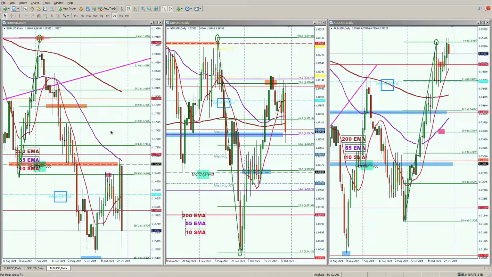And this is the weekly technical analysis for the Euro, the cable, and the Aussie dollar for the first week of November.